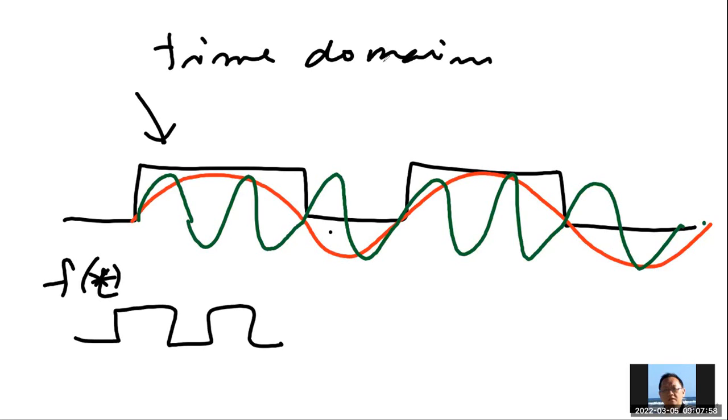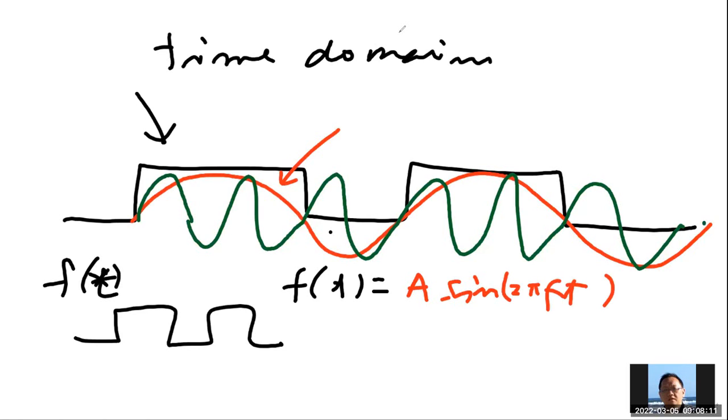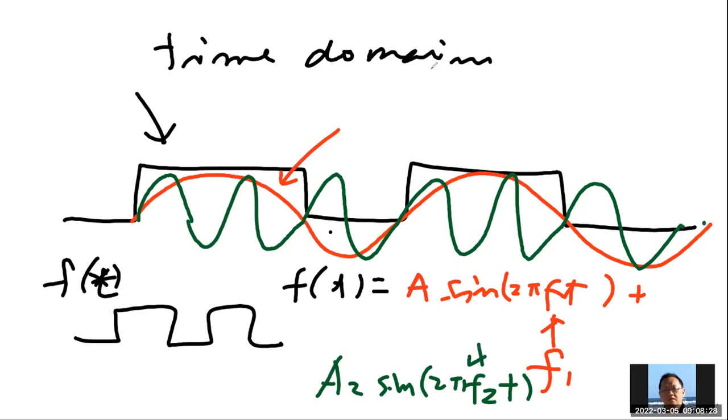Then f of t can be represented by the red signal, a sinusoidal signal, A1 sine 2 pi f1 t, the first frequency, plus the green one, A2 sine 2 pi f2 t, the second frequency.